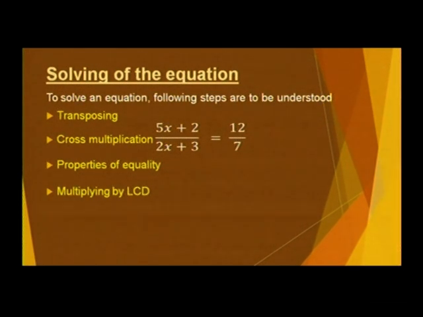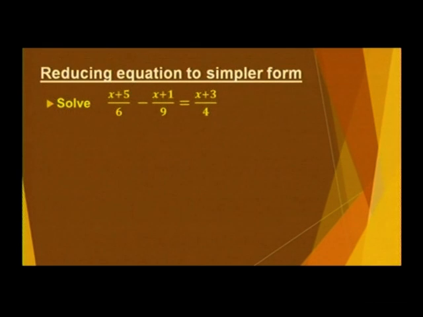And multiplying by LCD. What is multiplying by LCD, friends? LCD is nothing but LCM. Here the equation is given as x plus 5 by 6 minus x plus 1 by 9 equals x plus 3 by 4.